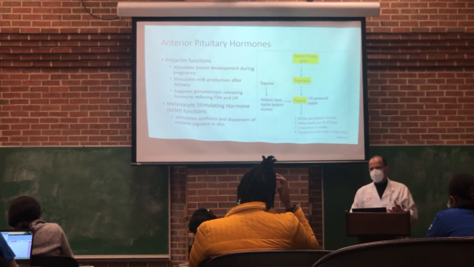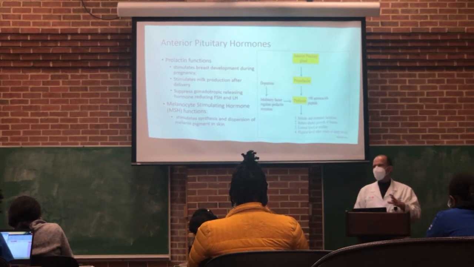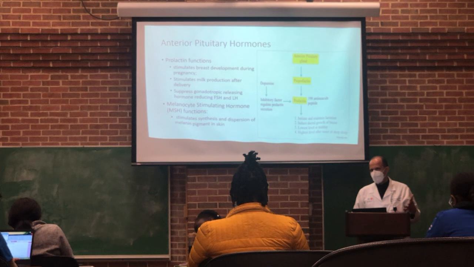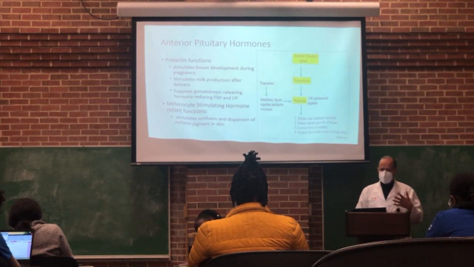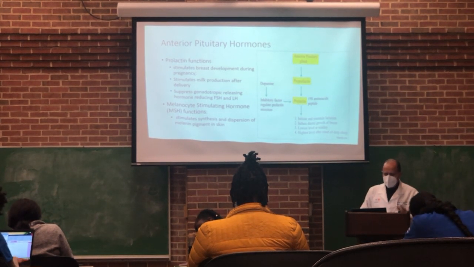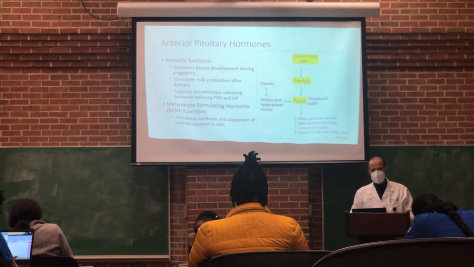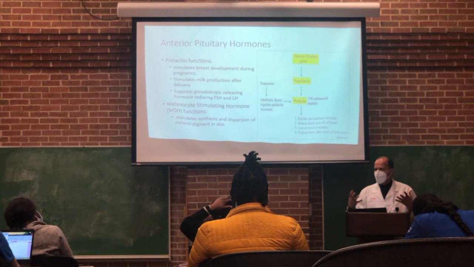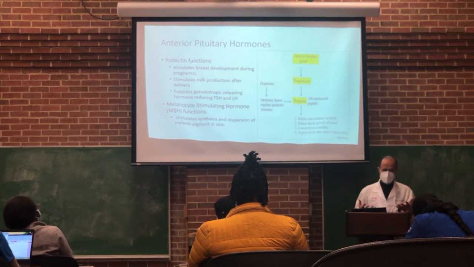So we talk about prolactin. I want you to know what is the most common adenoma of the pituitary. Prolactin secreting adenoma. So the most common adenoma of the pituitary is prolactin secreting adenoma, and I expect you to know at least the major presentations of somebody with a high prolactin level.